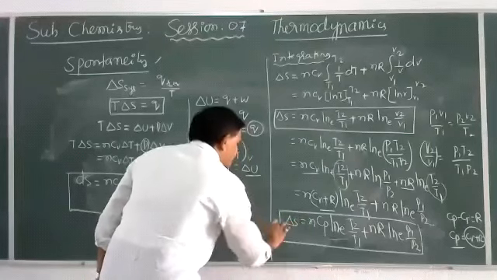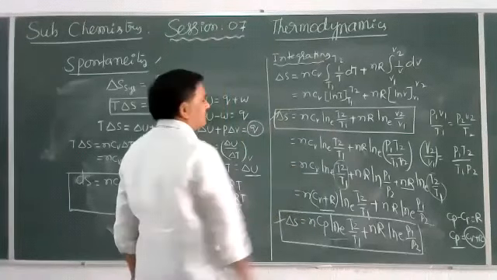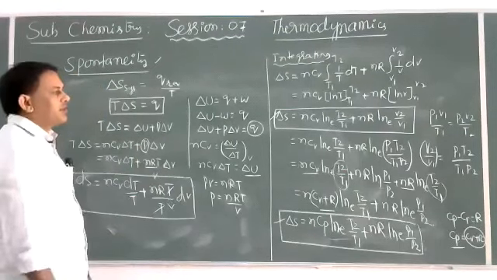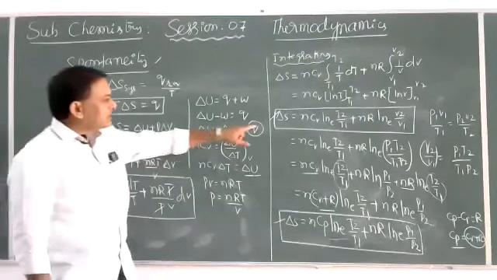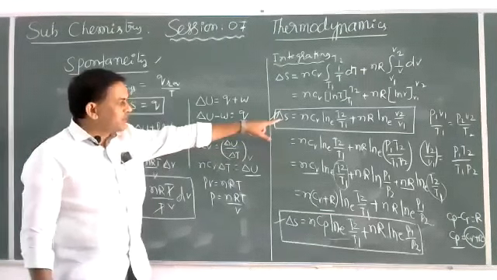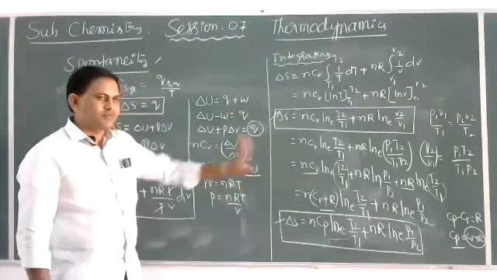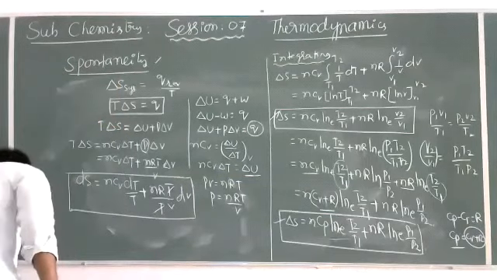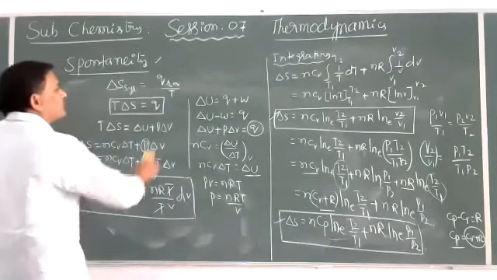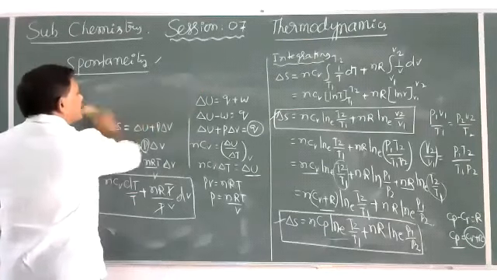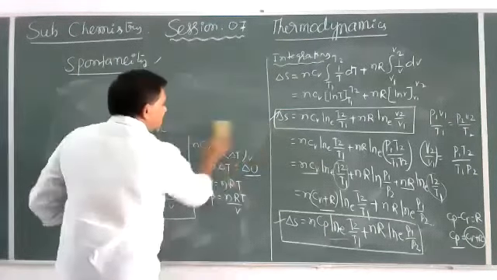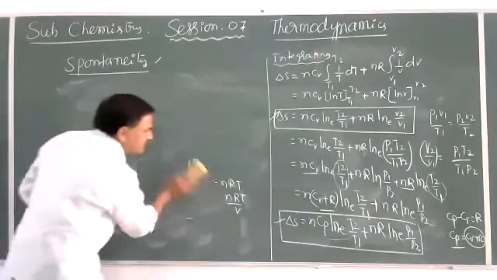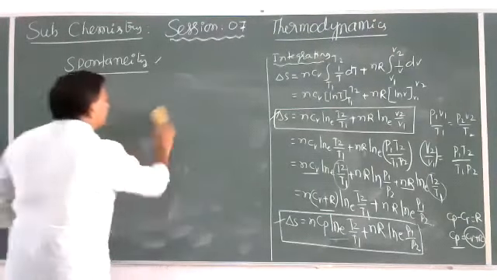Two important expressions are very, very important. So these are the change in entropy in a reversible process with respect to volume and with respect to pressure. Clear? So by using these, in a reversible process, total entropy of system and surroundings is equal to 0, whereas in an irreversible process it is greater than 0.